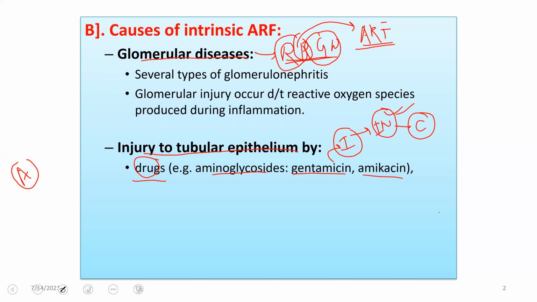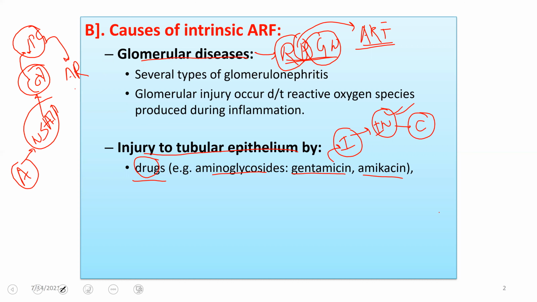As we know, we use analgesics, and the most important analgesic in our day-to-day practice is NSAIDs. The mechanism of action of this drug is inhibiting the COX enzyme, which results in decreased production of prostaglandin. Because of decreased prostaglandin, there will be afferent arteriolar constriction.